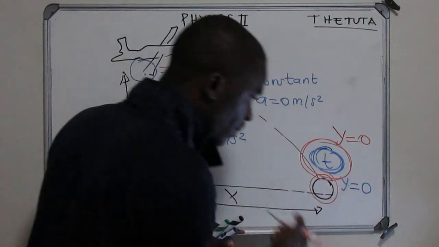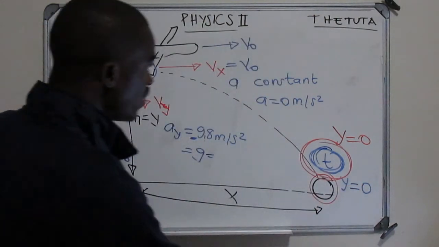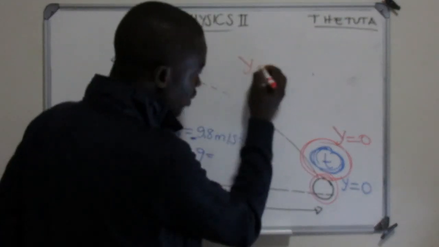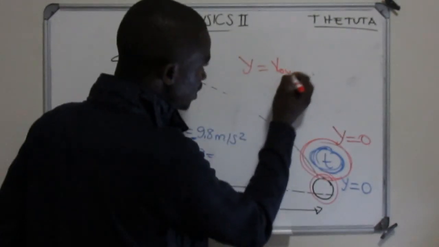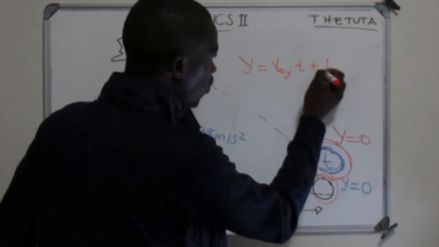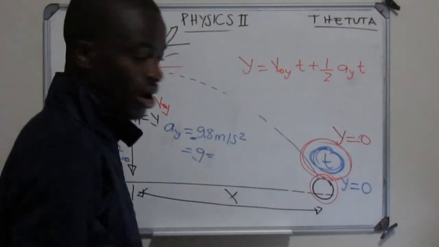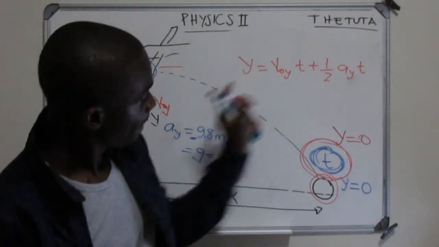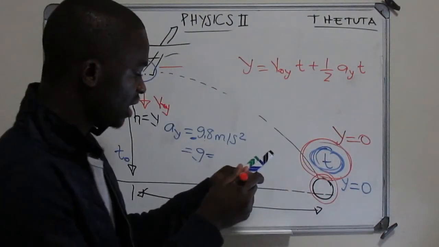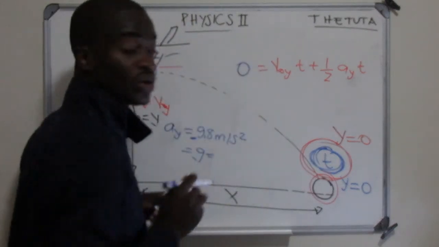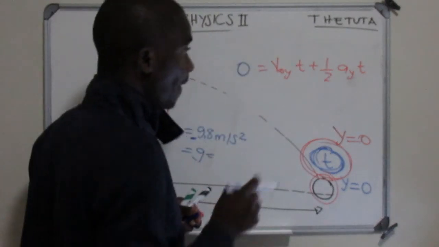Okay? So remember, in the equation for y, y is equal to v initial t plus 1/2 a_y t squared. Can you see that? So when we are given a projectile time, we say that at the projectile time y is equal to 0. What is the acceleration?